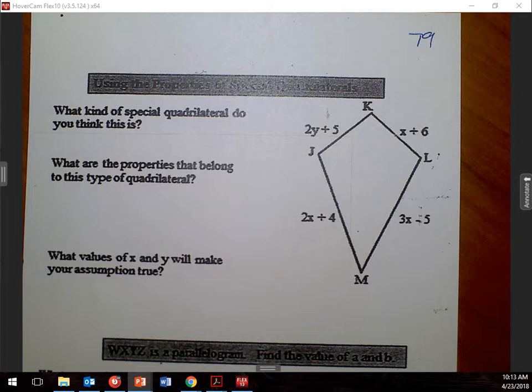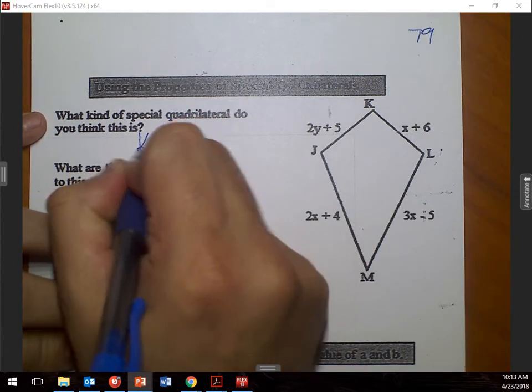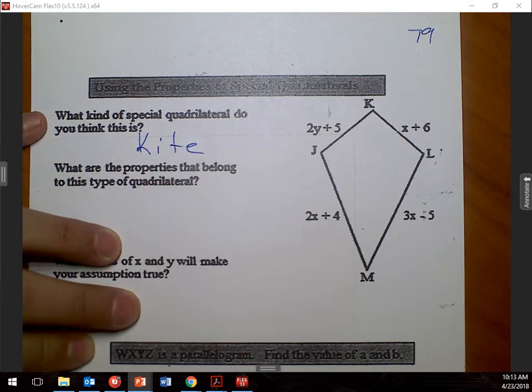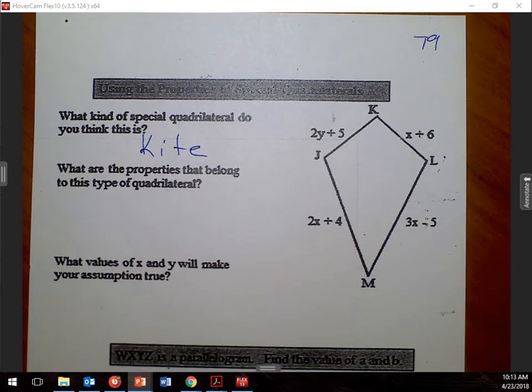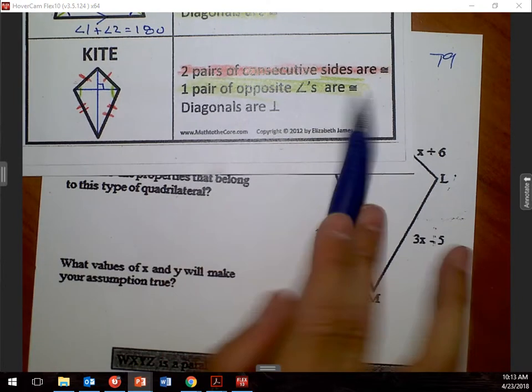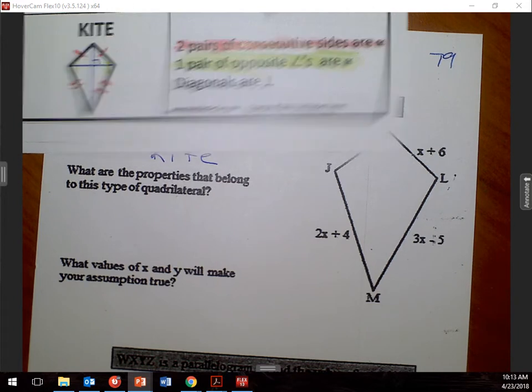What kind of special quadrilateral do you think this one is? Okay, it's a kite. There we go. What are the properties that belong to this type of quadrilateral? What do you think we're going to write? There, all this right here, right? Yeah. Because that's important to be able to solve the rest of this.